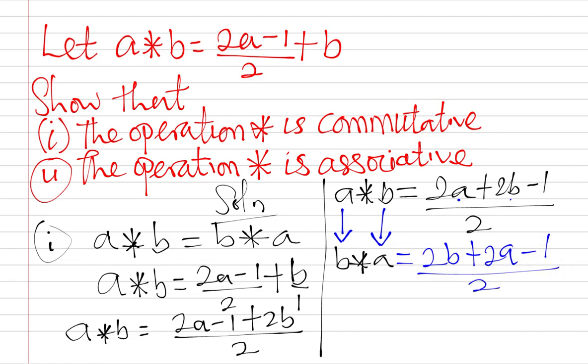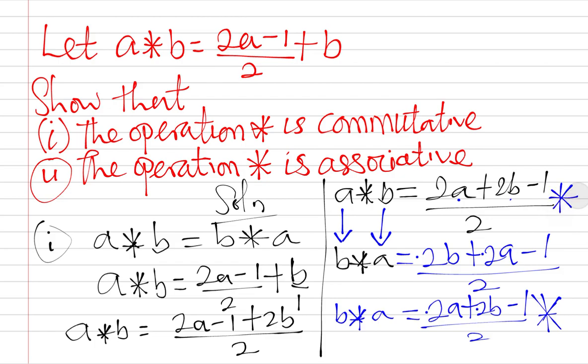Now, if I rearrange our B star A, you can know this is still the same thing as 2A plus 2B minus 1 all over 2. You see, this is positive 2B, this is positive 2A. It is still the same thing as 2A plus 2B. Now you can see that this one and our A star B are both the same.